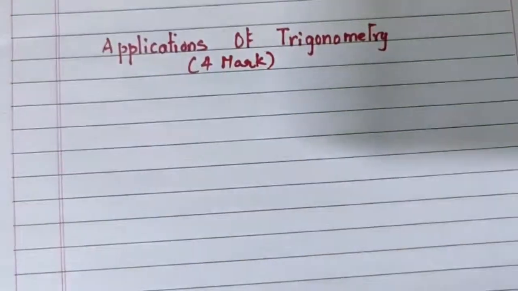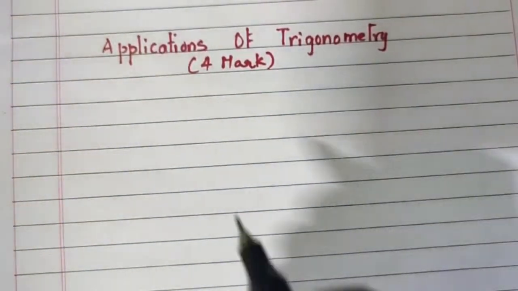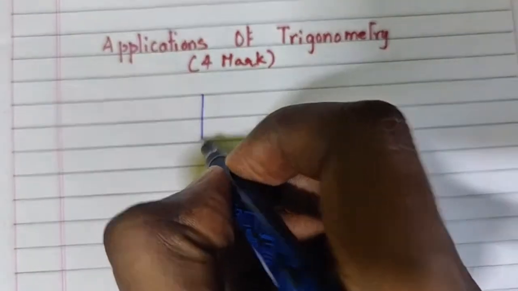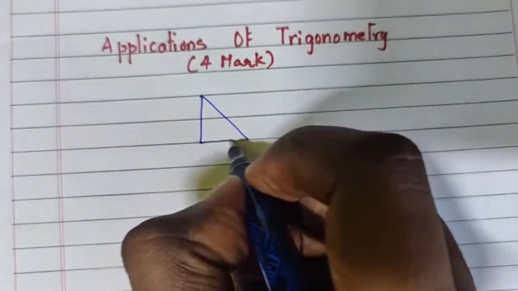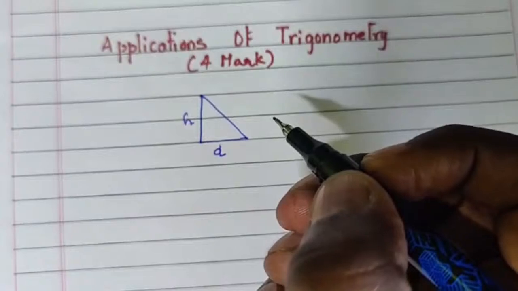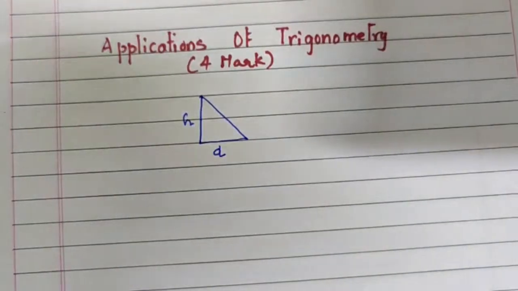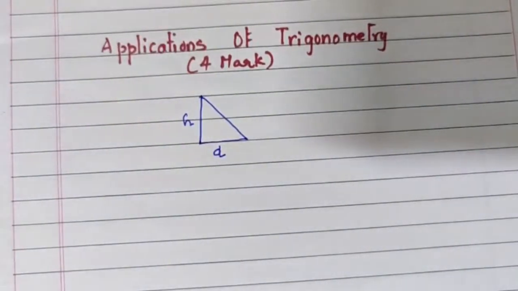From the unit applications of trigonometry, 4 mark 1 question will be there. The question will be based on height or distance. Definitely the figure will be given in the examination. From the figure, you should analyze and identify the right angle triangle.